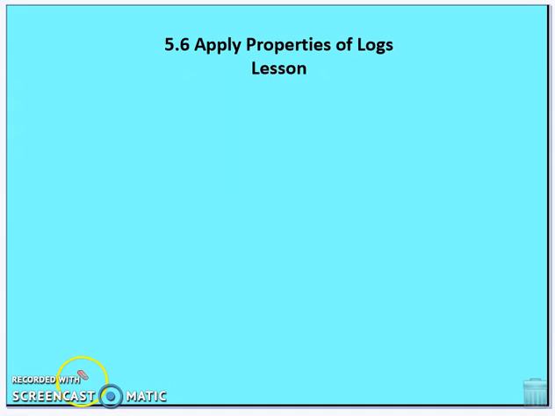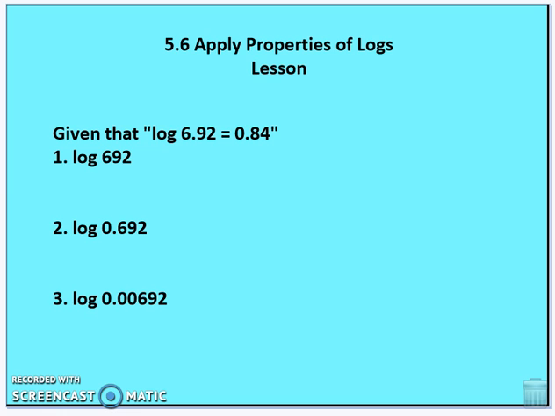In this edition of Otten Math, we're going to talk about applying properties of logs. This is actually part of your homework from last night, or similar to the homework from chapter 5.5, where we started talking about logs. What's given is that log with a base of 10, so just a common log, of 6.92 is equal to 0.84.